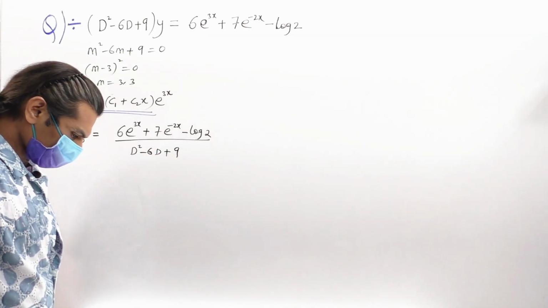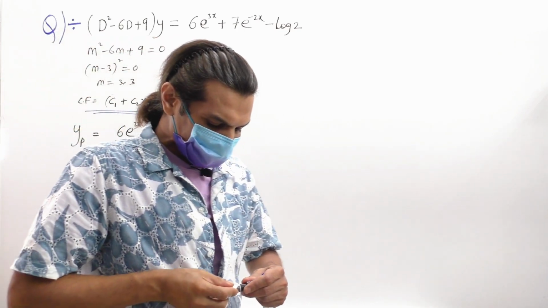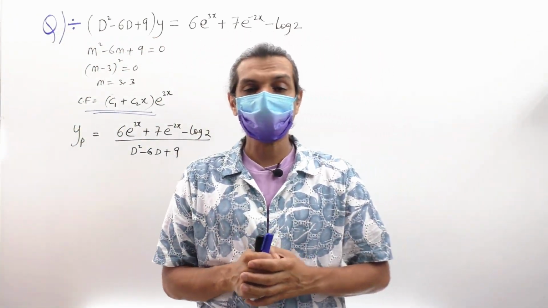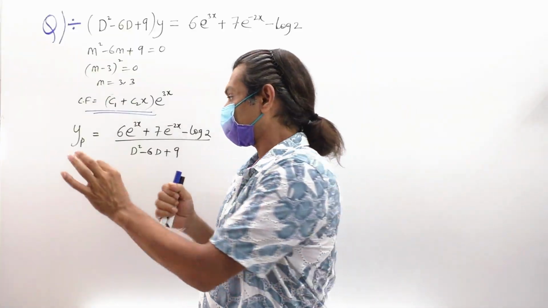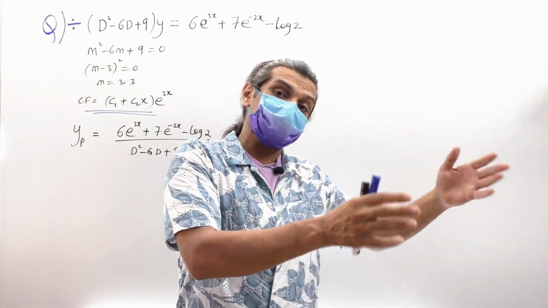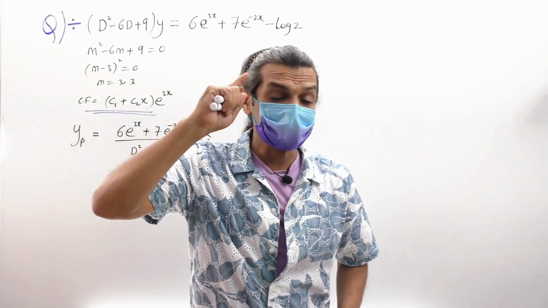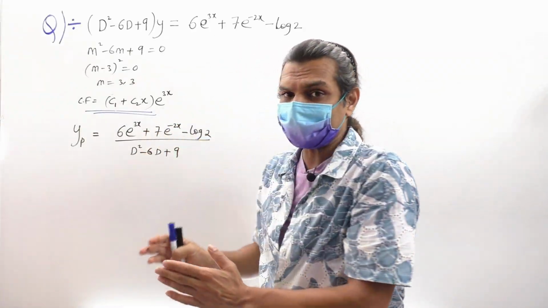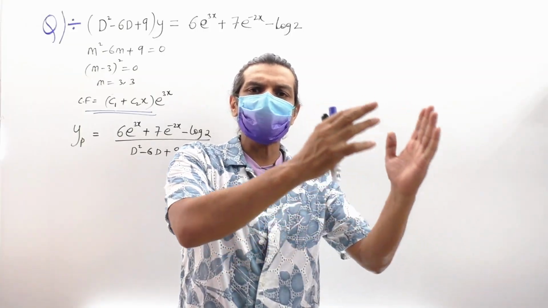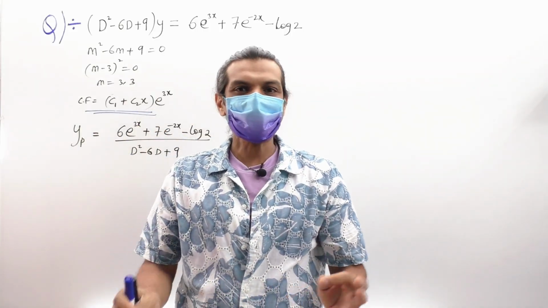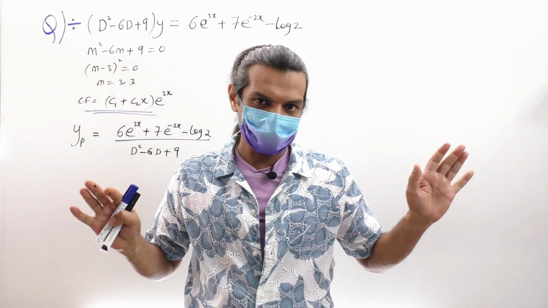Now, as I have been repeating, wherever you get plus or minus on the right hand side, each term given with plus or minus separates each function, and they may represent different types. So always separate them, because a plus b plus c upon D is written as a by D plus b by D plus c by D. This is the basic thing of applied mathematics you need to remember.